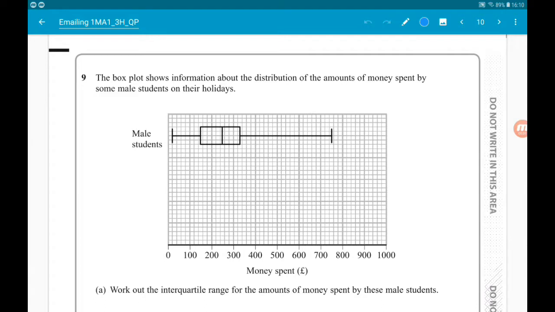Okay, number 9. The box plot shows information about the distribution of the amounts of money spent by male students on their holidays. Part A wants us to work out the interquartile range for the amount of money spent by male students. Okay, so the interquartile range is the difference between the upper quartile and the lower quartile.